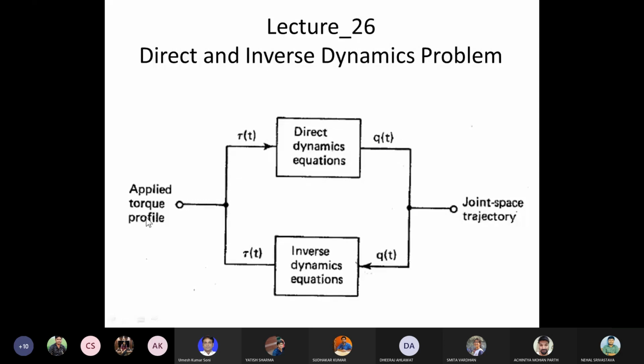So once you have applied a certain torque at the different joints, you can see, based on your inertia, mass, and other forces, how much the angle has varied. Suppose the mass of a link is so high that the applied torque is not sufficient, so there will not be any considerable variation in the joint angles.